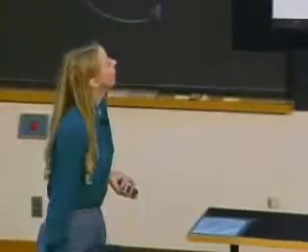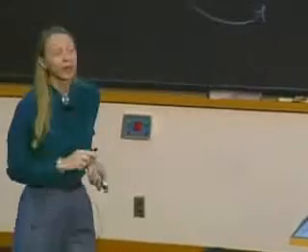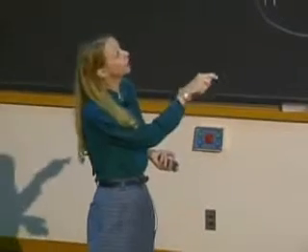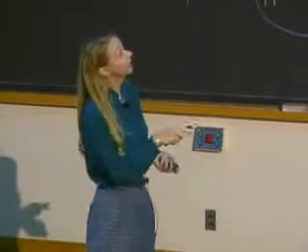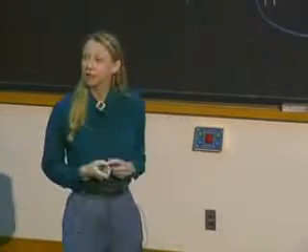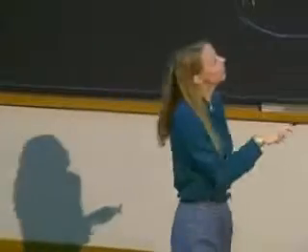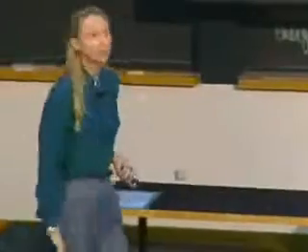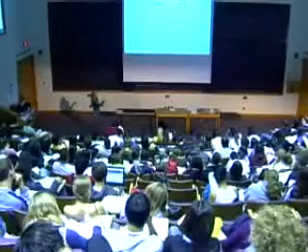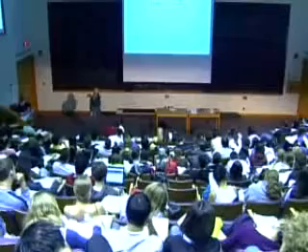How do we get a wave number? Well, we get a wave number by taking the frequency in hertz, inverse seconds, and dividing it by the speed of light. But the speed of light, of course, has to be in centimeters per second. The seconds cancel, and what we're left with is inverse centimeters.